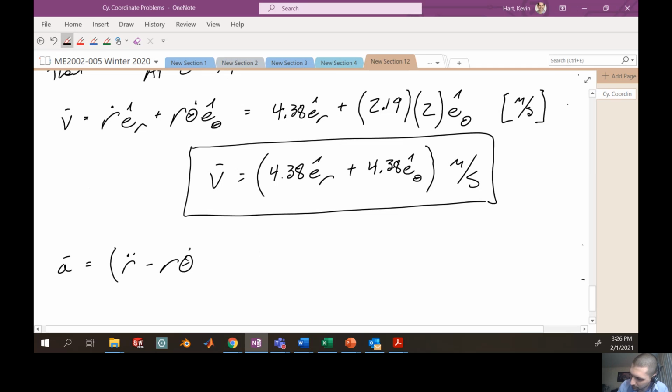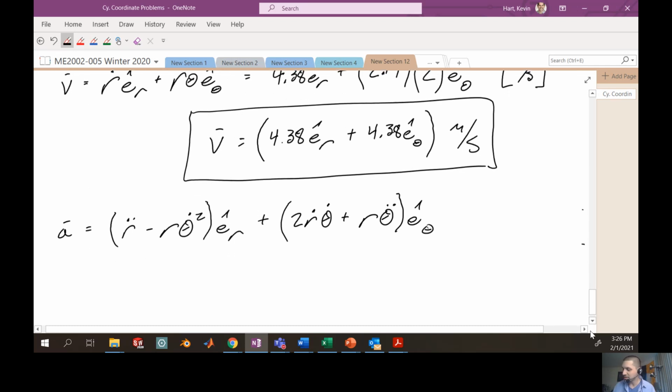Minus r theta dot squared in the radial direction, plus my transverse terms, which are going to be here. Make sure I get this right. 2r dot theta dot, my Coriolis term, plus my transverse acceleration term, r theta double dot, e hat theta. Okay. All of these things, again, we have at this particular snapshot.